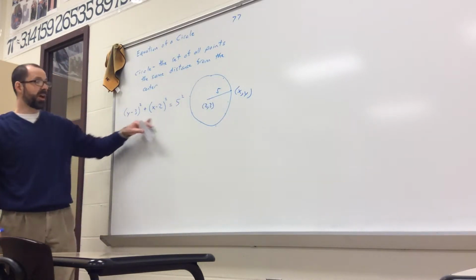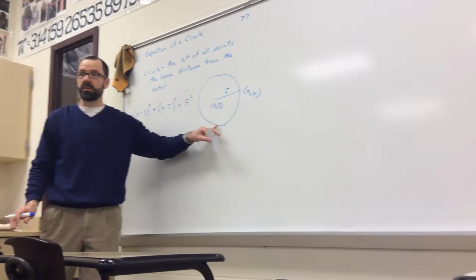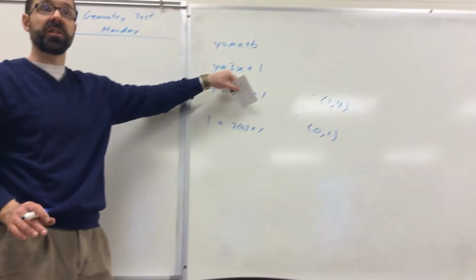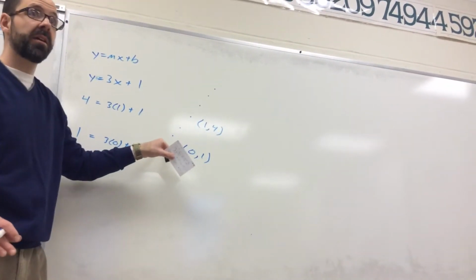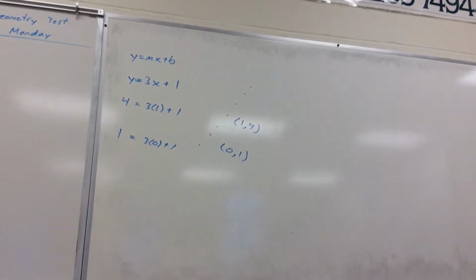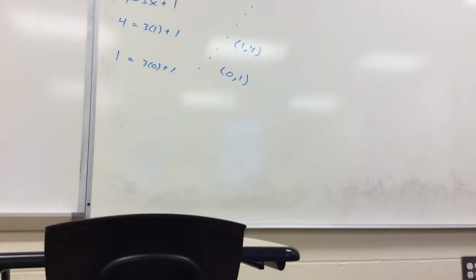So this is the equation for this circle. Just like this is the equation for this line, because all these dots work in this, and over there, all of these dots work in this.